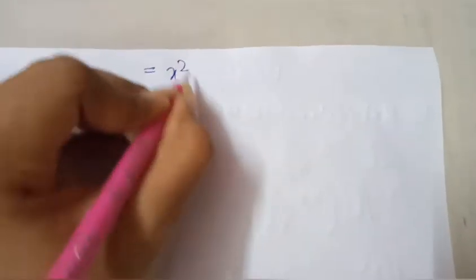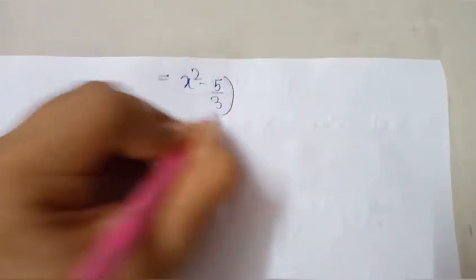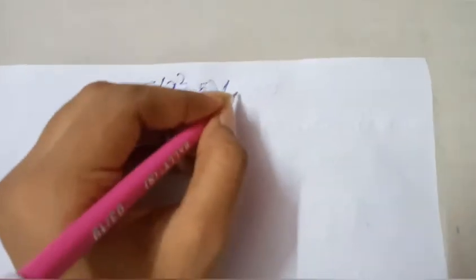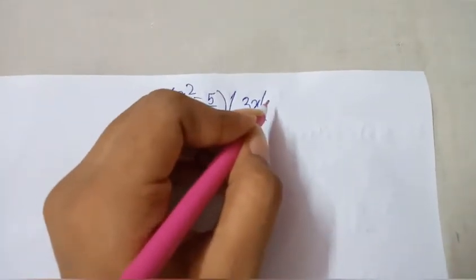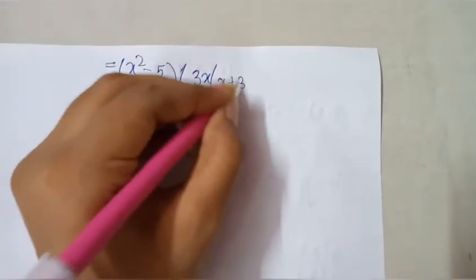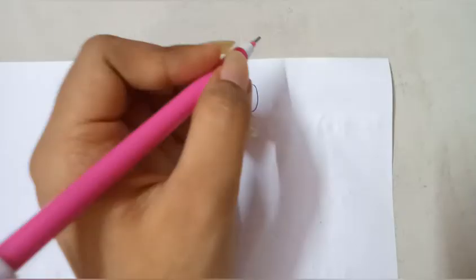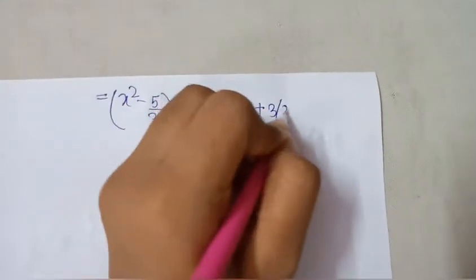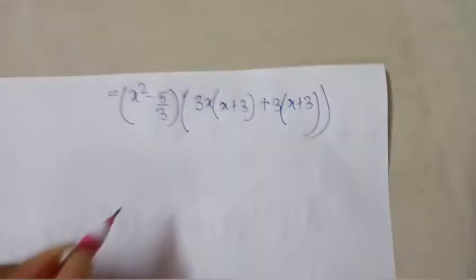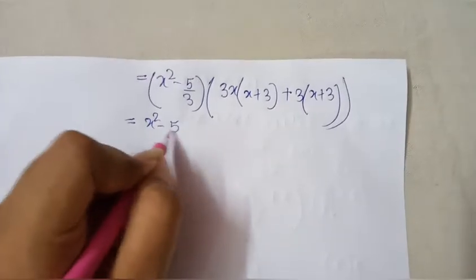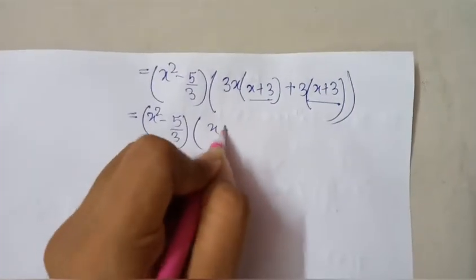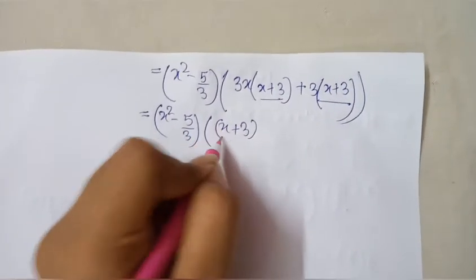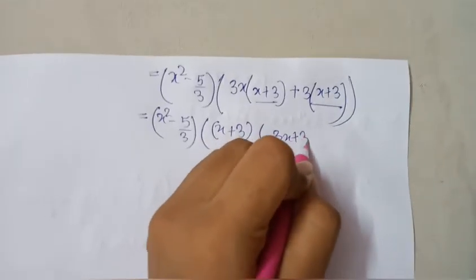So now we can write it as x square minus 5 upon 3, and we'll take 3x common, and it will give us x plus 3, and we'll take 3 common from the next term and it will again give us x plus 3. Here we'll take x plus 3 as common, so x plus 3 will become one factor and the other will be 3x plus 3.